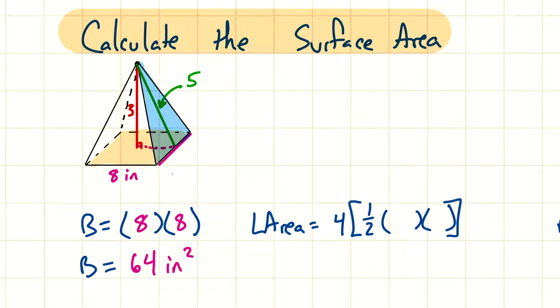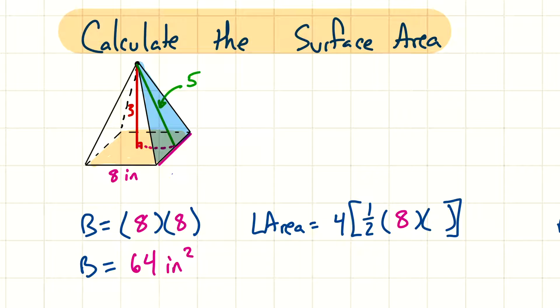But imagine we're trying to find the area of this triangle. So the question is, what's the base of this triangle? This is the measurement we need to know. Well, this is the base edge, which happens to be the same as this measurement, which is 8 inches. All right, so that means I know I'm going to include an 8 here.